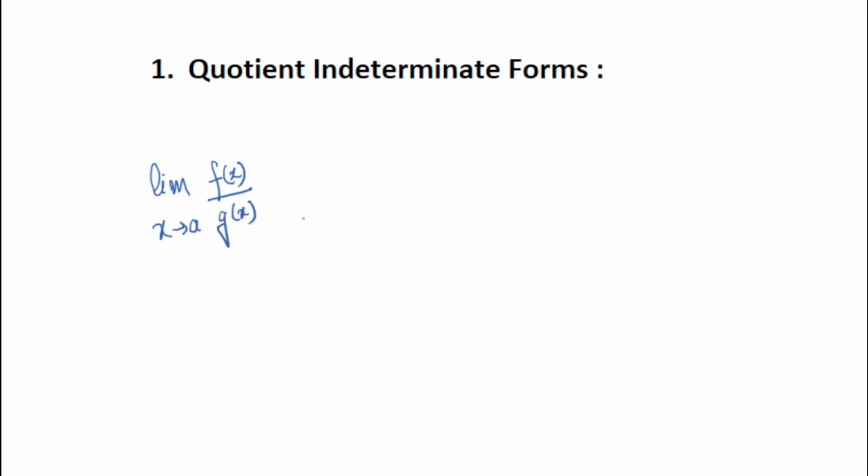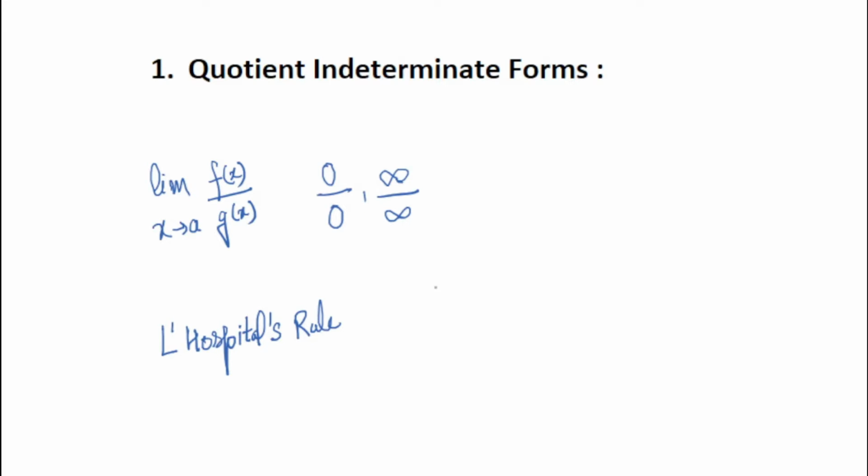If this is in the form of 0 by 0 or infinity by infinity, as we have seen in the definition of indeterminate forms, then we have a rule, which is L'Hopital's rule. With the help of L'Hopital's rule, we can solve these 0 by 0 or infinity by infinity forms.